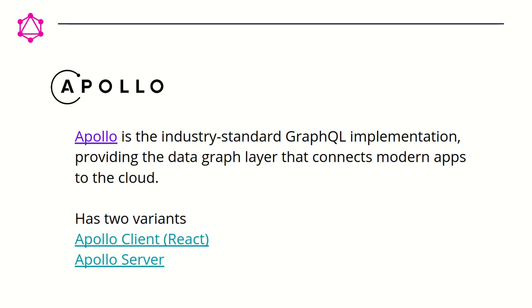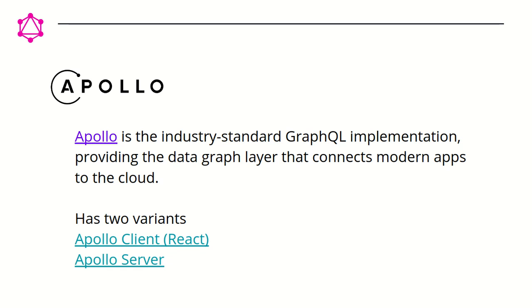What Apollo did was use that specification and build it into a library that you can use. You can use your normal JavaScript language and build GraphQL APIs on both the client and the server. It has two variants: Apollo Client, which is for React on the client side, and Apollo Server, which you can use with Node and Express and all that. So that's Apollo for you.